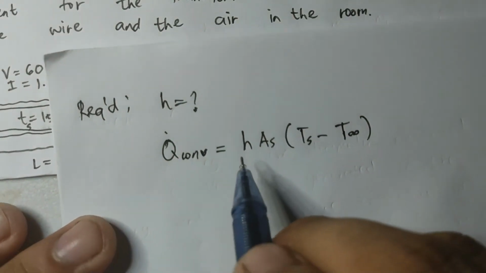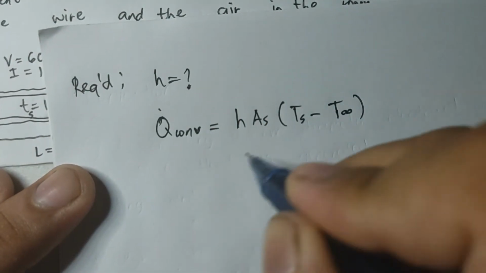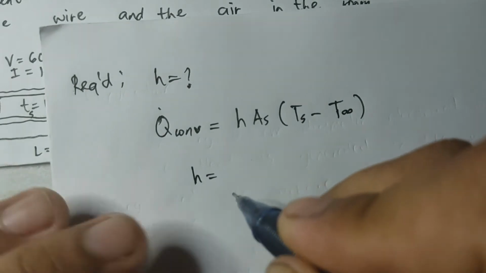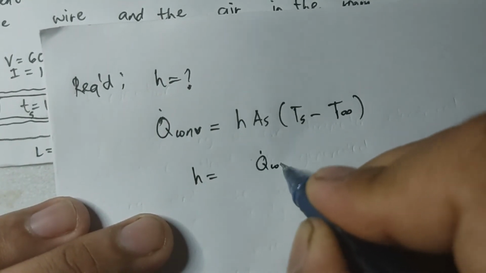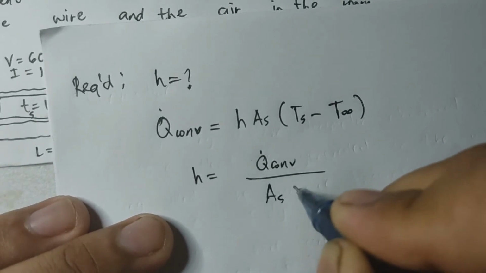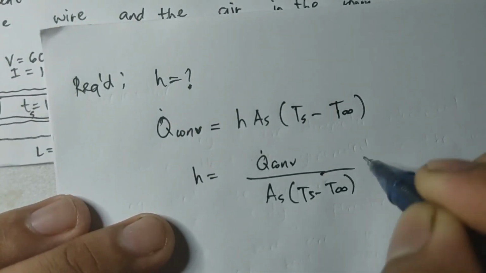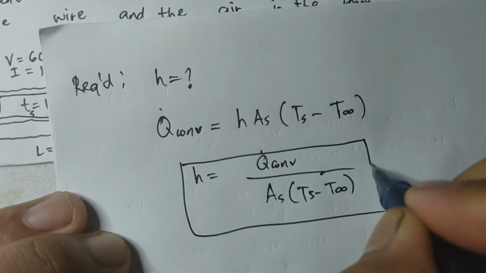So, dito manggagaling ngayon yung formula na gagamitin natin para dito sa H. Magde-derive tayo. Para makuha ang H, you have Q convection over A sub S times T sub S minus T infinity. So, ito yung gagamitin natin formula.